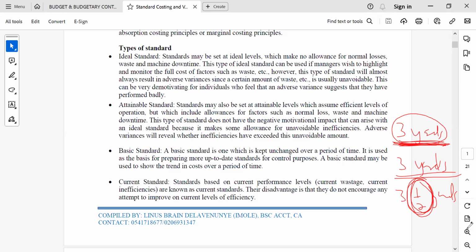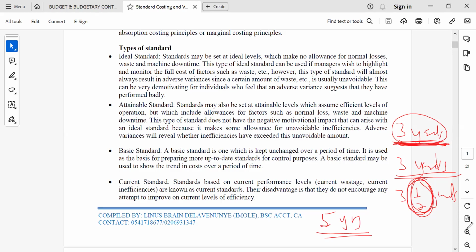The basic standard is a standard that is being kept for a particular period of time. We don't change it. So we are going to be setting a standard for 5 years. If you set a standard for a duration of 5 years, we say that is a basic standard.